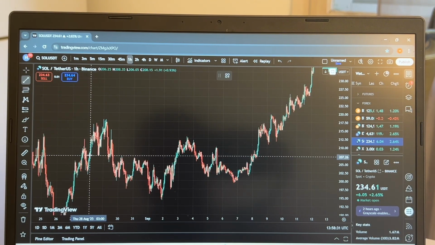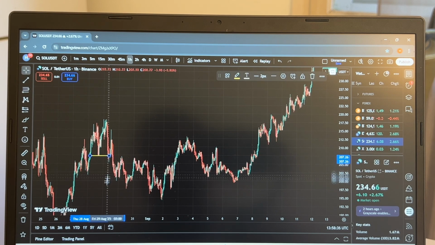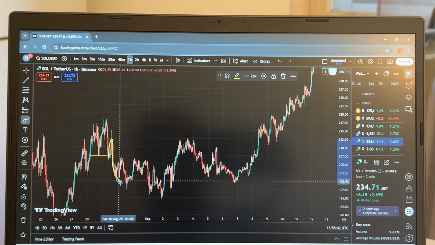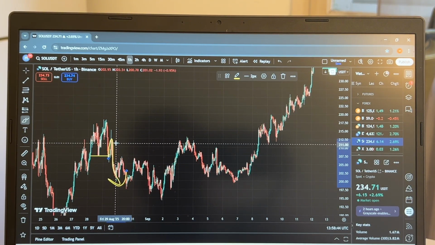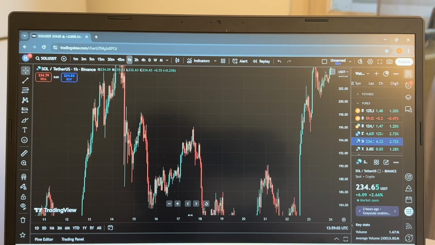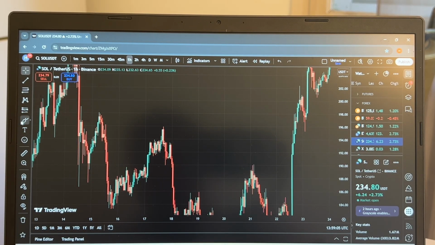And there you go. There's another example of double top patterns. It did the retest from here to here, and then it went down. So always be mindful of this retest. And there's another clear example.